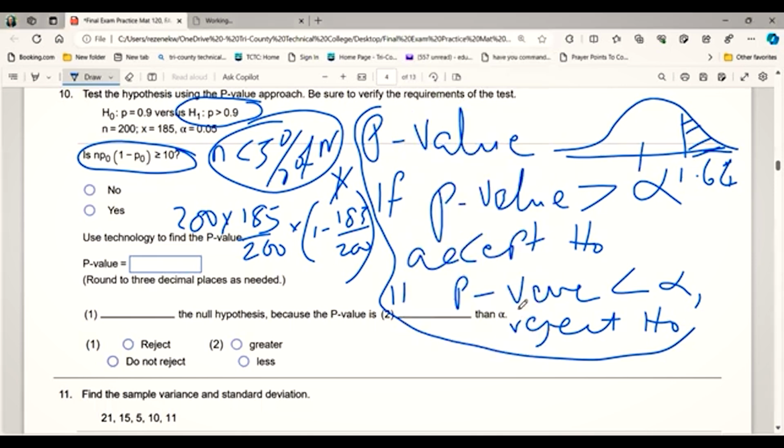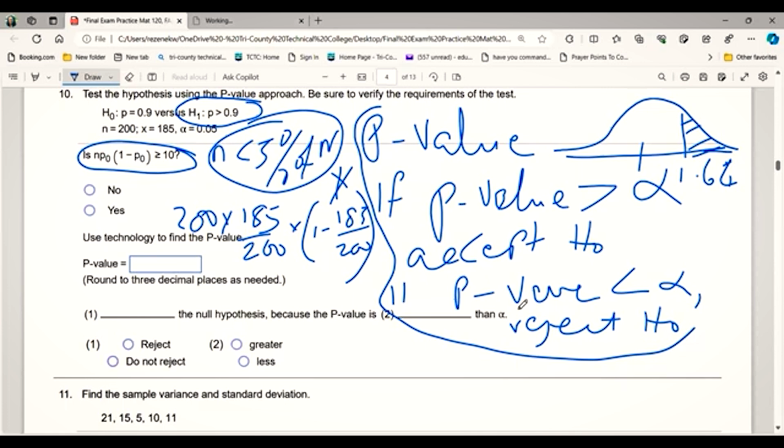That is the z-value, but they didn't ask me to use the test statistic anyway. They asked me to use the p-value, and the p-value is 11 point something percent. 11% is greater than alpha of 5%. Therefore, accept the null hypothesis.